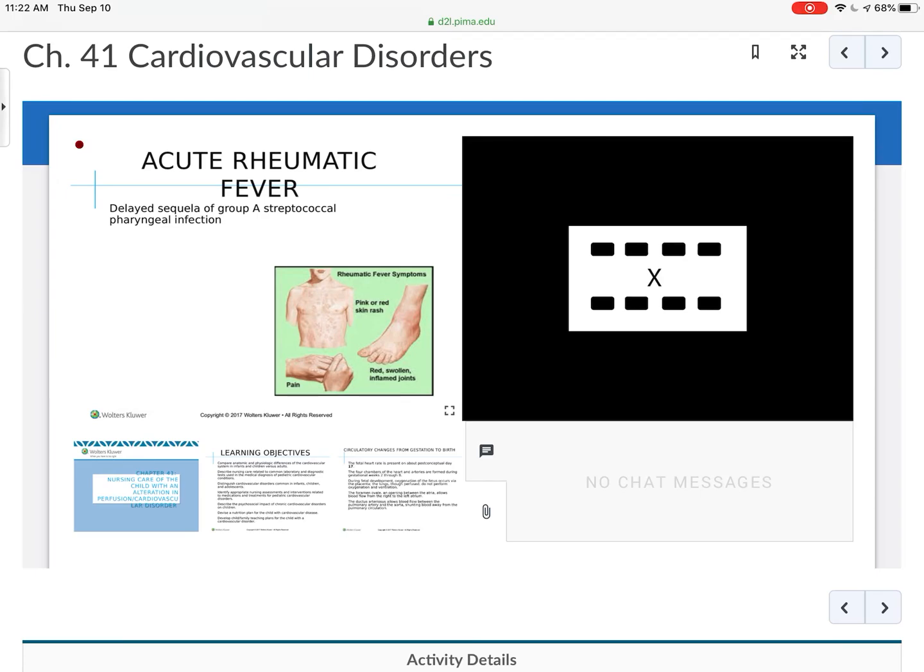So usually they will go ahead and give a 10-day course of penicillin and some steroids, anti-inflammatories for rheumatic heart disease. Fever. They have rashes, sometimes like a lacy rash, pain, swollen joints.